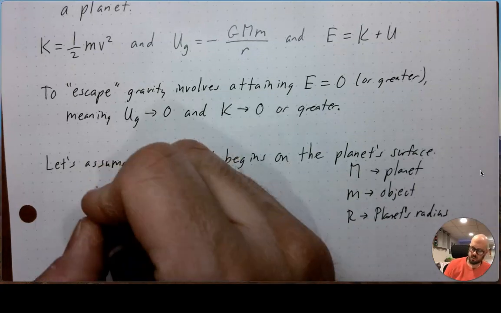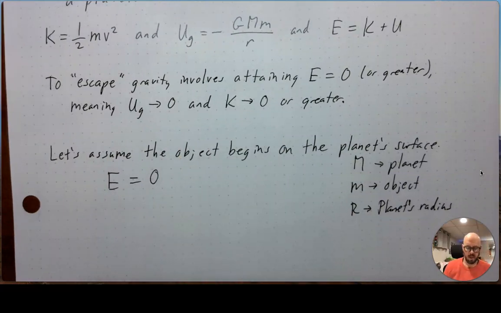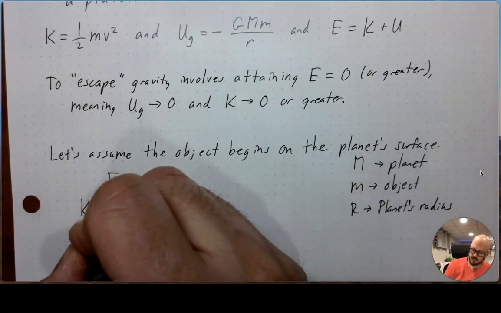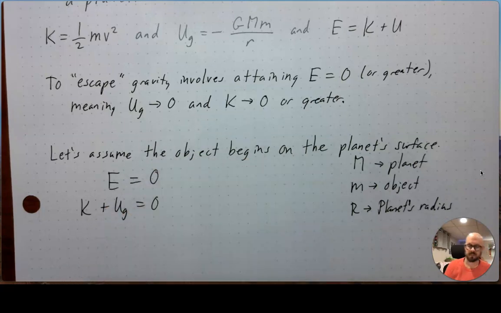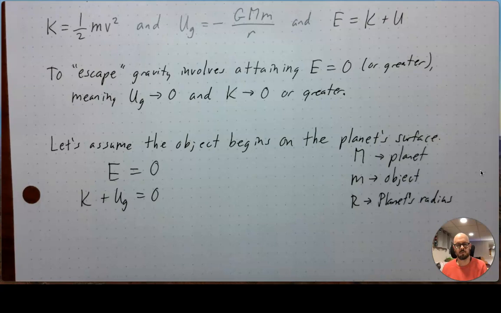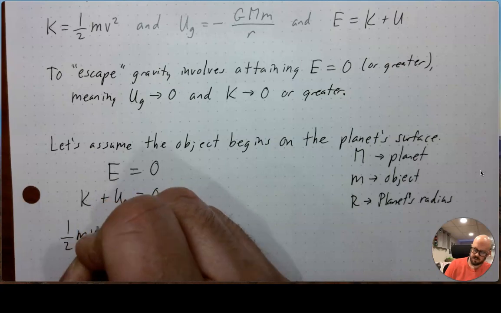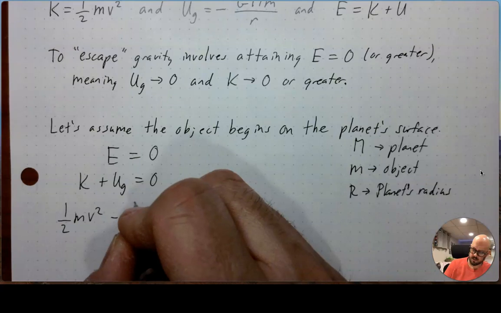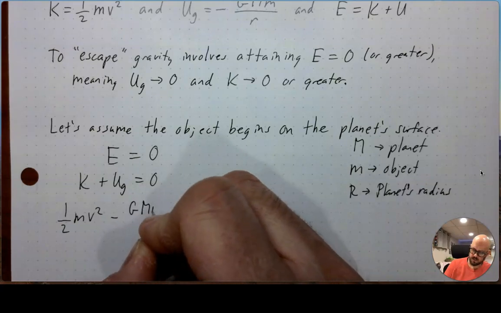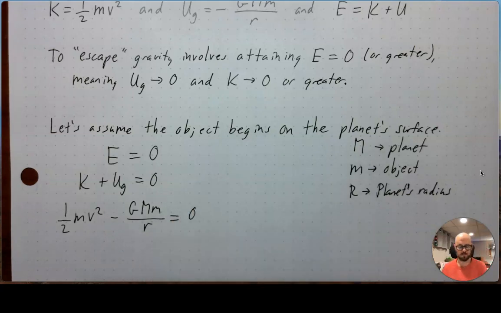Okay, so we're going to set mechanical energy equal to 0, and mechanical energy is kinetic plus, in this situation, gravitational. All right, so these two values are going to add up to 0. Well, kinetic energy is 1/2 mv squared, and then gravitational potential energy is negative G big M little m over r, and that is going to equal 0.